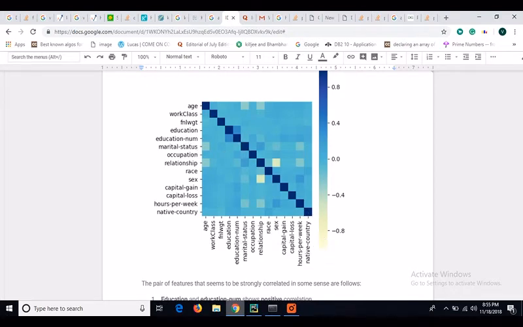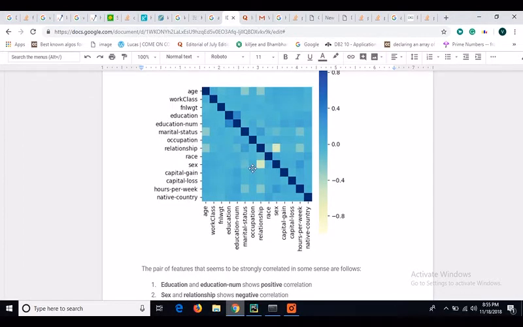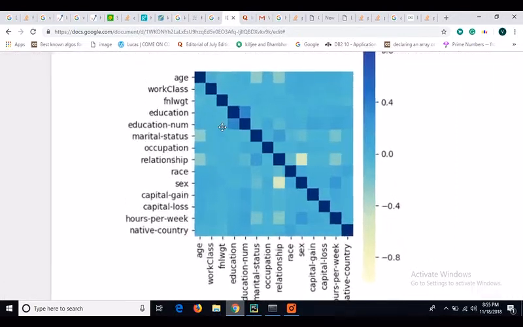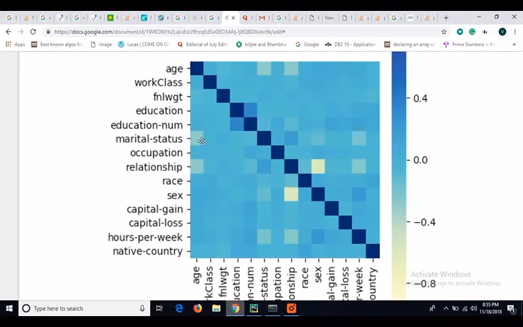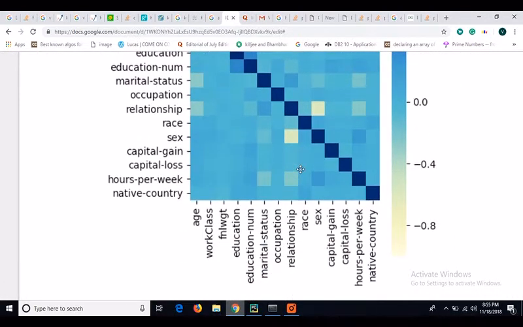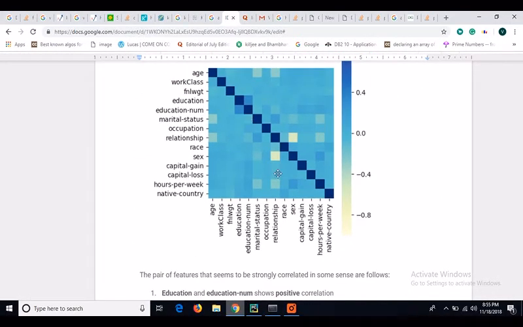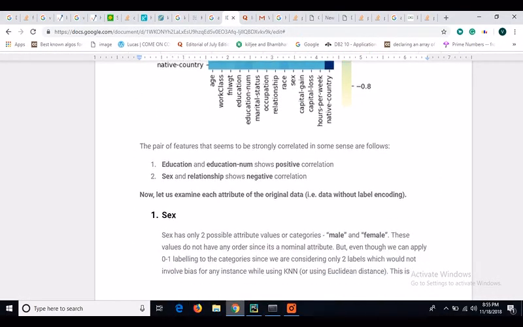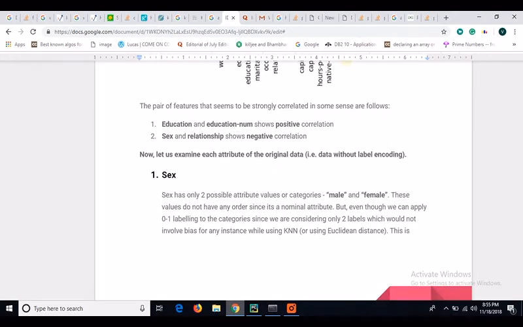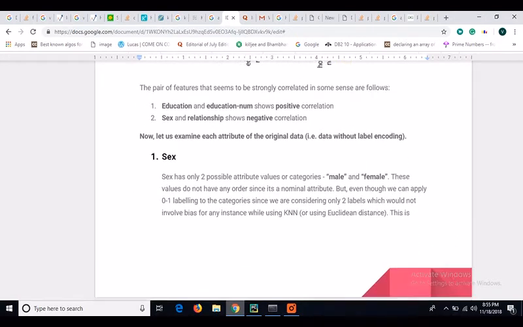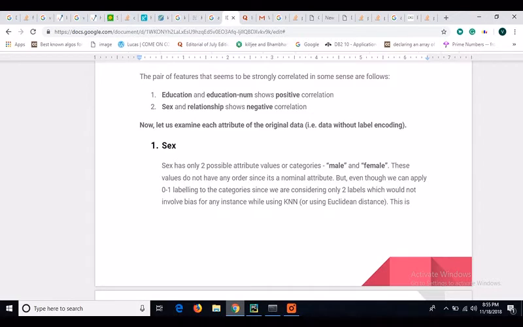So it shows similar results to what we saw previously. Here we can see that education and education num are very closely related with one another. This means that since they have very high correlation, we can drop one of the columns. But before coming to any conclusion, we'll first look at each of the attributes in detail.